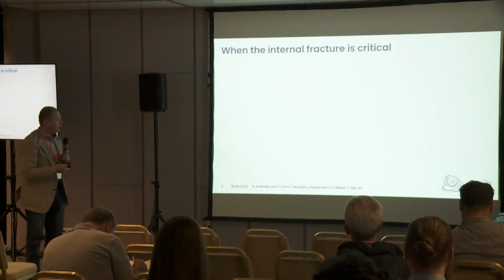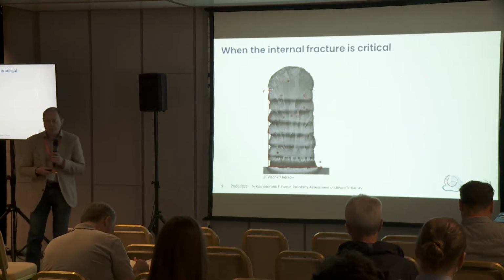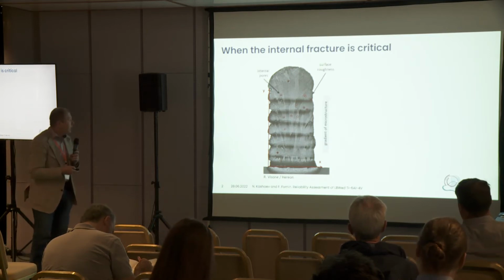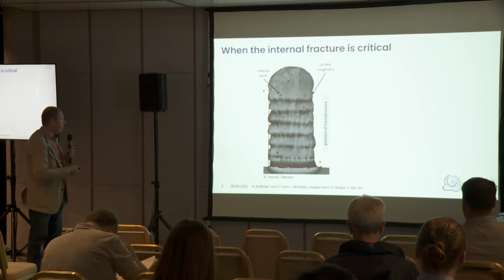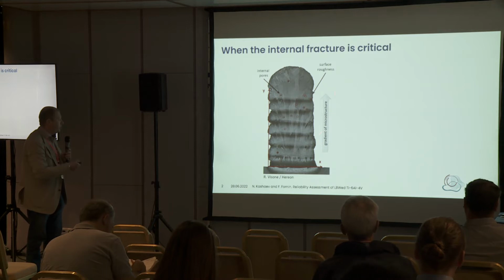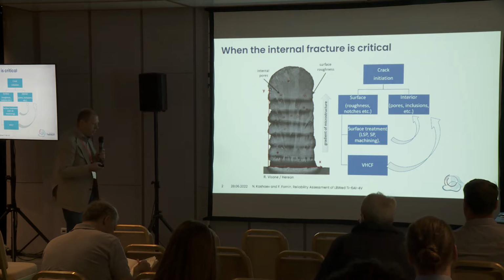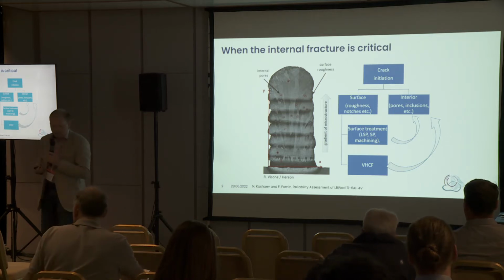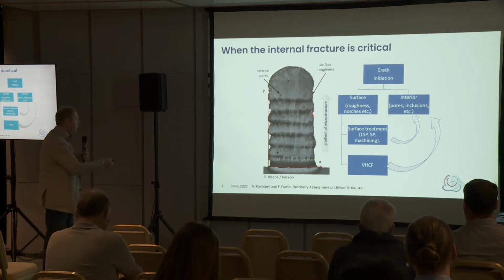Okay, first with regard to motivation, when the internal fracture is critical. If we look, for example, at additively manufactured structures, we have a lot of challenges. We have a number of stress concentrations, also at the surface, also internal pores, surface roughness, and of course gradients of microstructure. However, if we consider additively manufactured parts for high-loaded components, critical for fatigue loading, nobody will apply them with a surface like this.